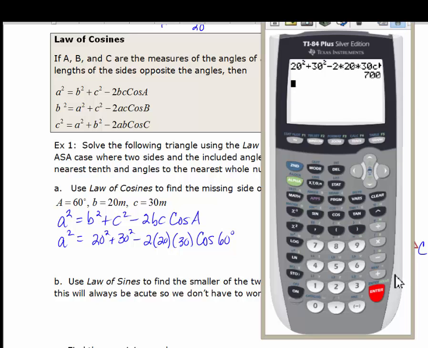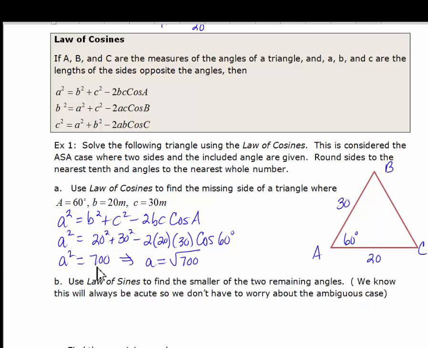So at this point you could just write down that a squared equals 700, and therefore, if a squared equals 700, then a equals the square root of 700. Remember, when you're solving an equation of this type and you take the square root of each side, generally you put the plus or minus in, but since we're talking about the length, that has to be positive.